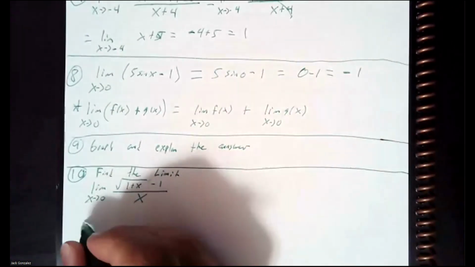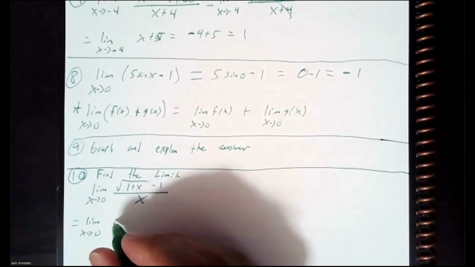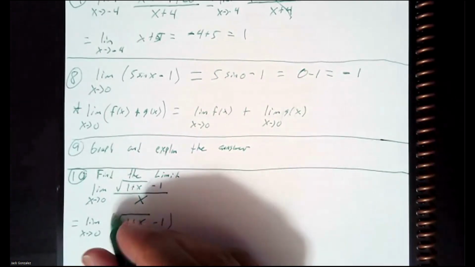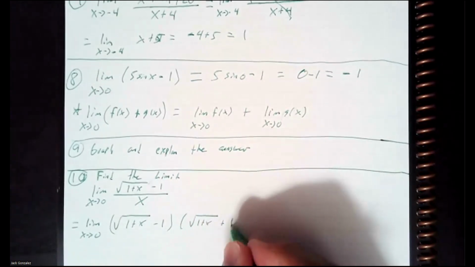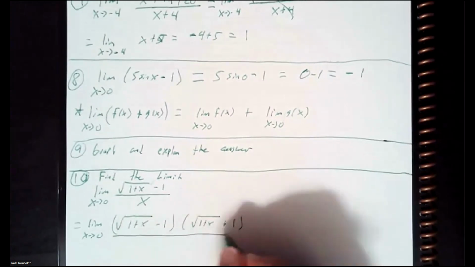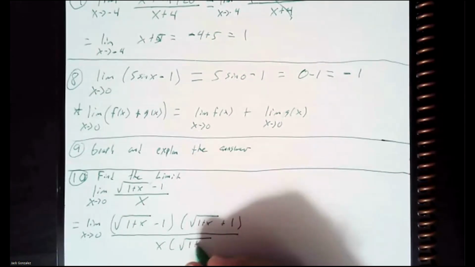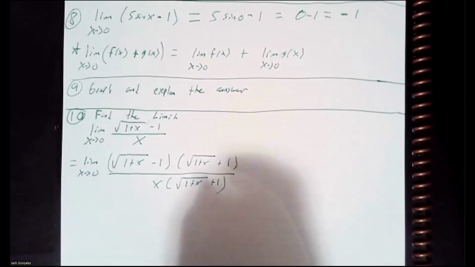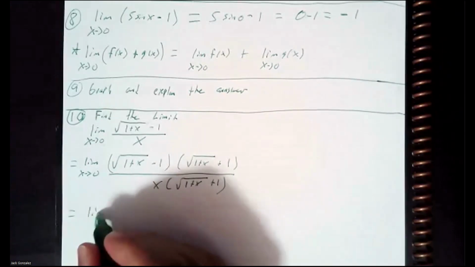So multiply top and bottom by the conjugate of that radical part. So the same deal, but the plus version. Okay, so now this top part is going to multiply like the difference of squares, and hopefully something useful happens.